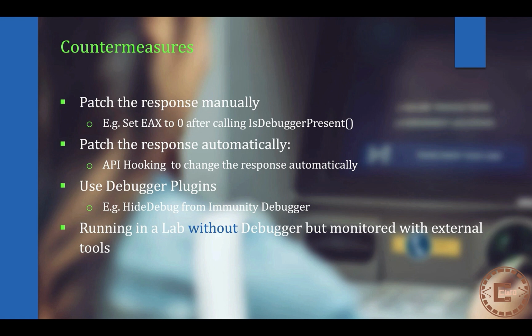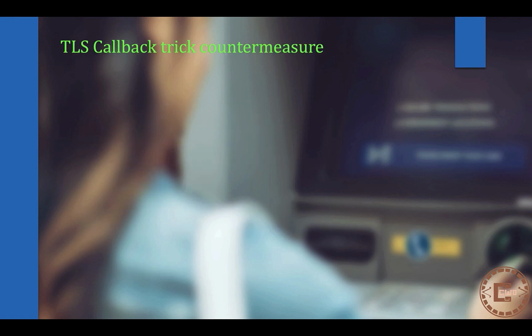Running in a lab without a debugger, but monitoring with external tools, is another countermeasure, so that you don't have a debugger there, but you have other tools so that you can see what is going on. Killing VM-related processes, an easy one, so that they don't find processes running. TLS callback: start debugging at the entry point.